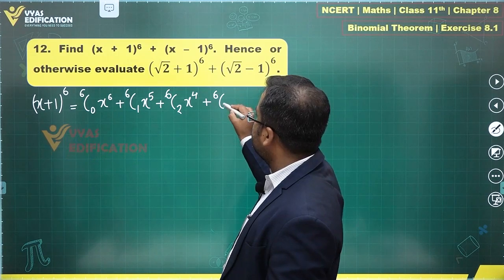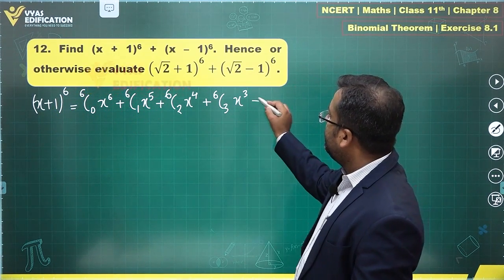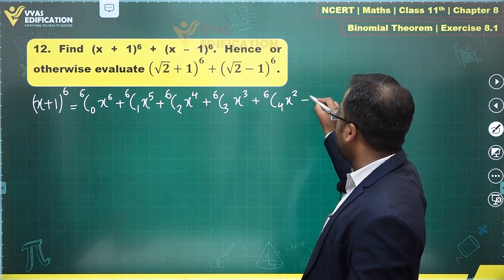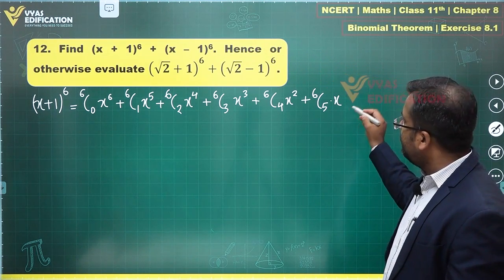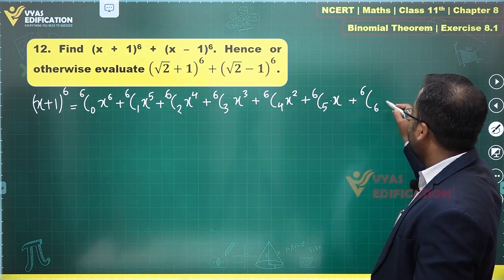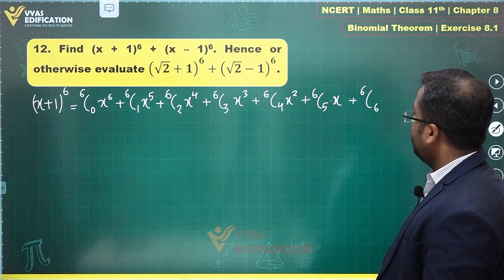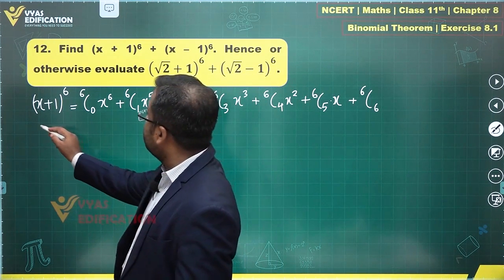The next term will be 6c3, x power 3, 1 power 3 which is 1 only, plus 6c4, x power 2 times 1 power 4 which is 1, 6c5 times x times 1 power 5 which is 1 again, 6c6 times x power 0 times 1 power 6 which is 1. So this is what you get, x plus 1 power 6. What about the next one, x minus 1 power 6?